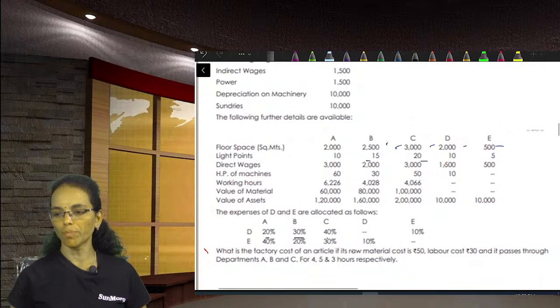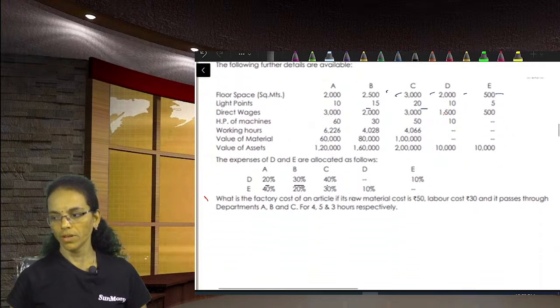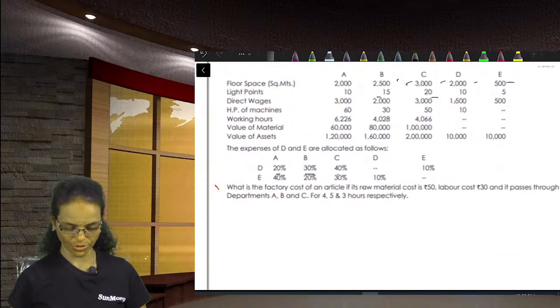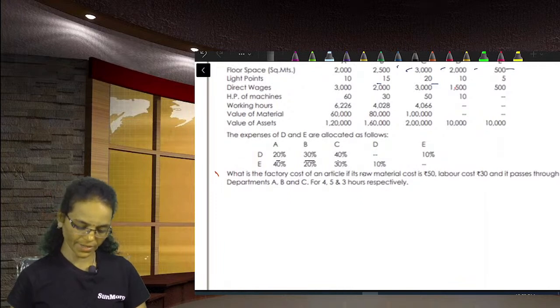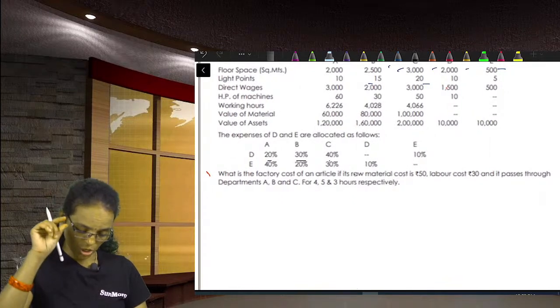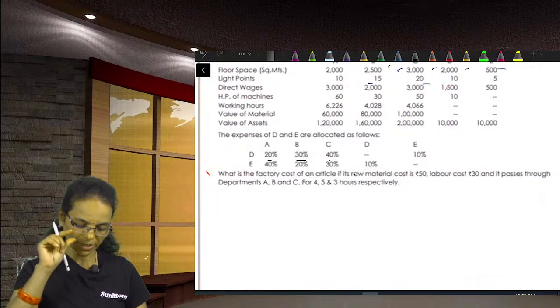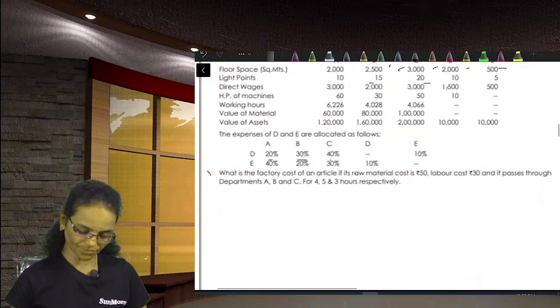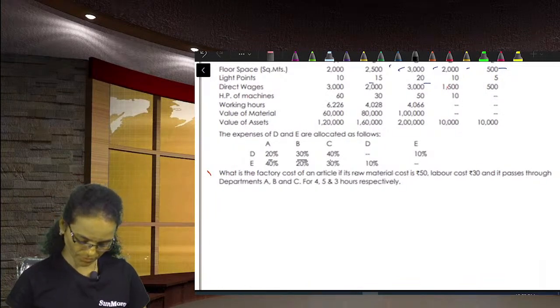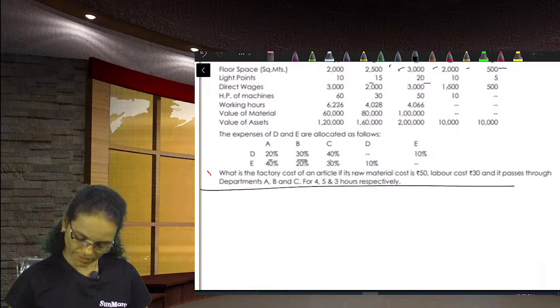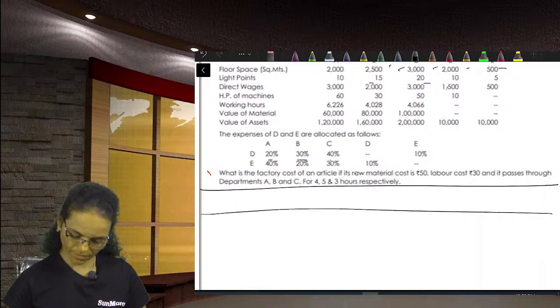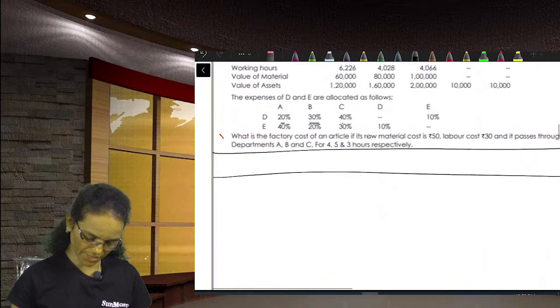First we need to do the primary distribution, next the secondary distribution, and next the calculation of the cost of that particular article. This is for the particulars, this is for the total.